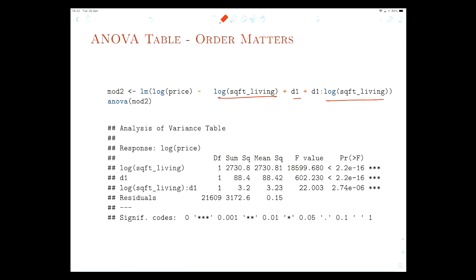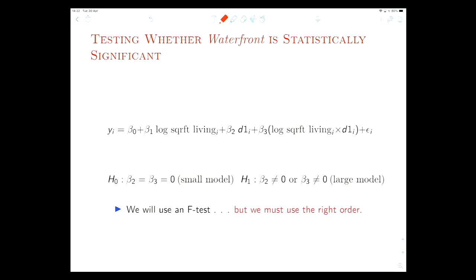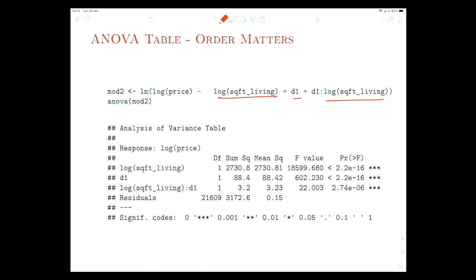The test we now want to carry out is whether beta 2 and beta 3 both equal 0 versus the alternative that at least one of them is non-zero. Notice beta 2 is for D1, and beta 3 is for the interaction term.